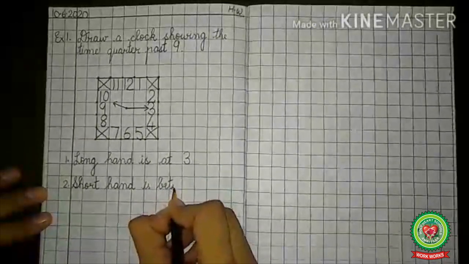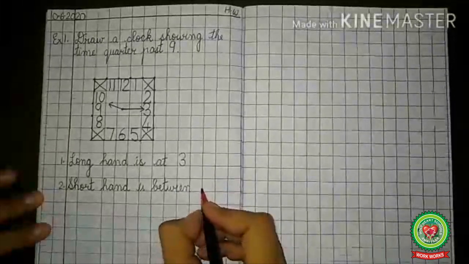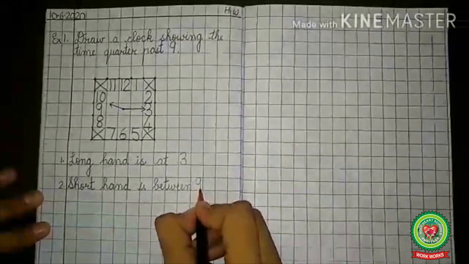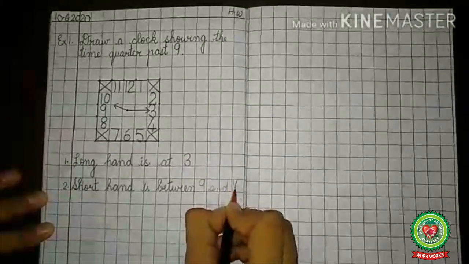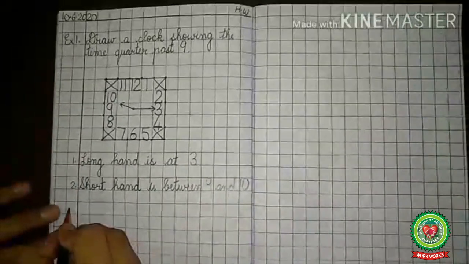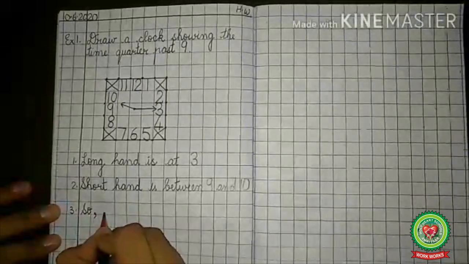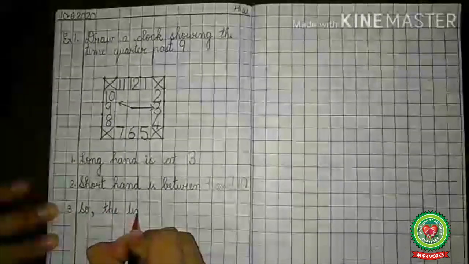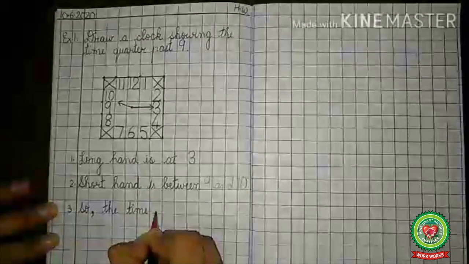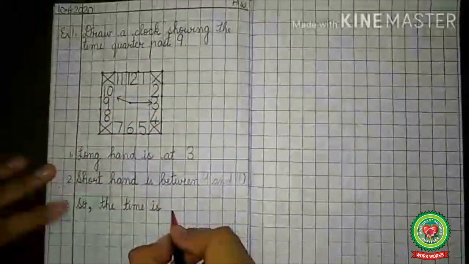BETWEEN. Don't use short forms. Between 9 and 10. And number 3. So, comma, the time is, first, it is given quarter past 9.